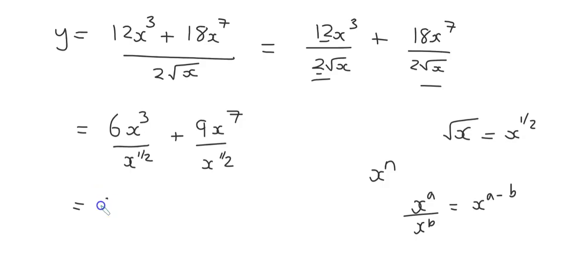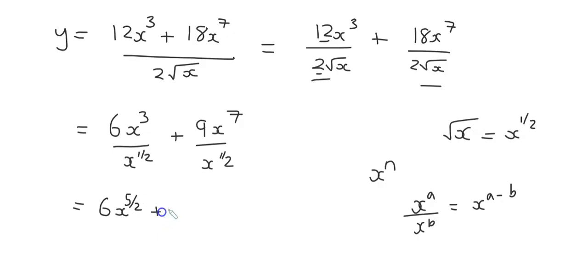So we can apply that rule here. So it's going to be 6x to the 3 minus a half, which is 2.5, which is 5 over 2. And I would suggest that you always write these kind of differentiation questions in fraction form, not decimal form. It's much harder to deal with in decimal form.